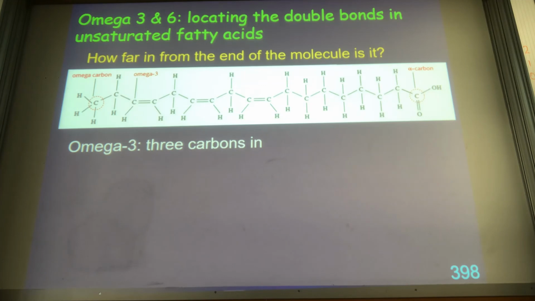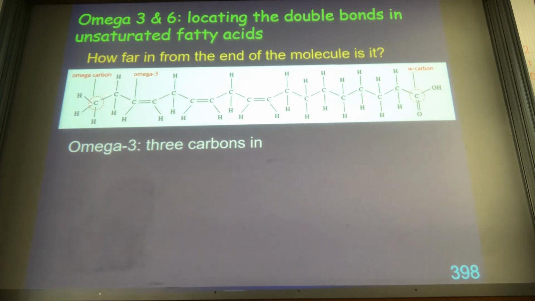Now, the alpha carbon is at the front of the molecule, close to the primary functional group. The omega carbon, omega is the last letter of the Greek alphabet, so that is the carbon at the end of the fatty acid chain. So we count the number of carbons till we get to the double bond. So this one is omega-3 because the double bond starts 3 carbons in from the end of the chain.